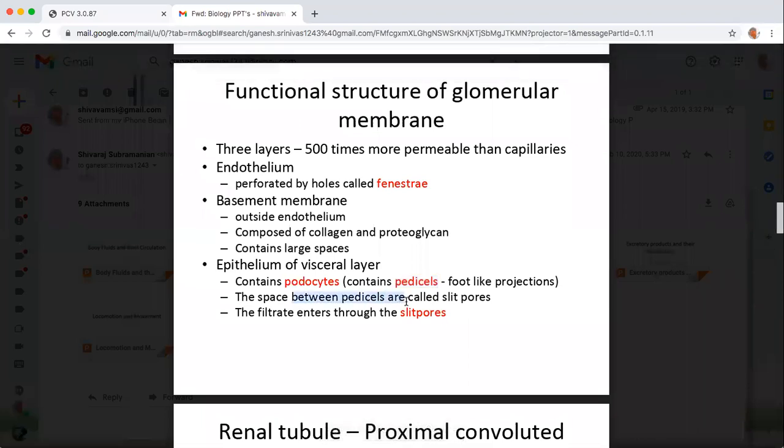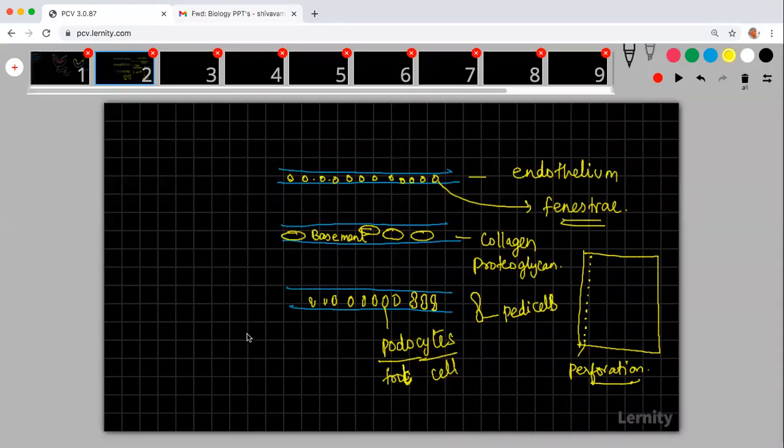The space between pedicels is called slit pores. The filtrate enters through the slit pores. You have a foot shaped cell, and then another foot shaped cell, and another. Like this it will be there. This area in between is your slit pore.